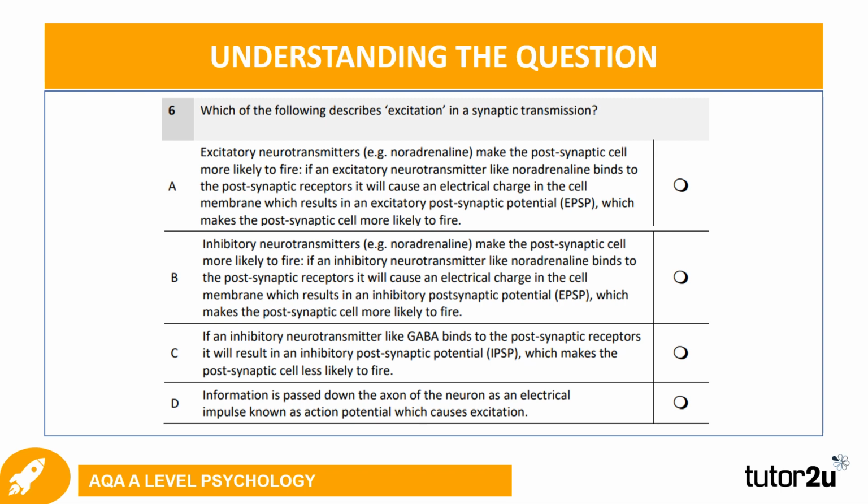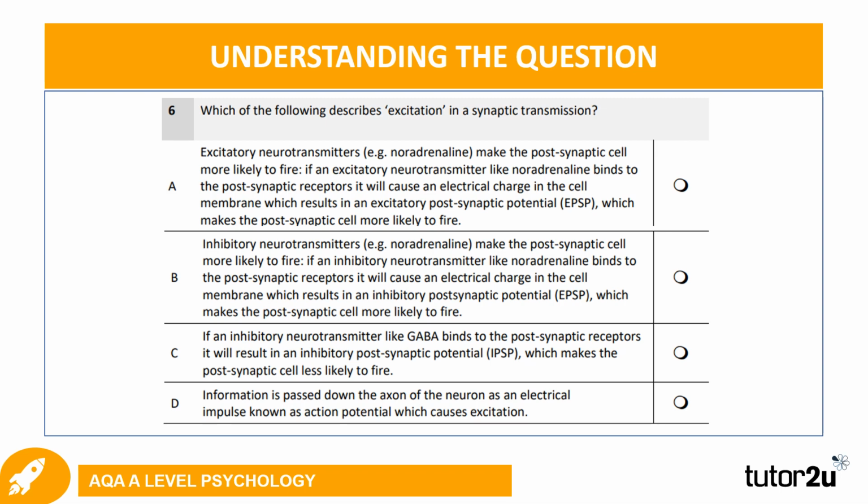So is the answer A, excitatory neurotransmitters, for example noradrenaline, make the postsynaptic cell more likely to fire? If an excitatory neurotransmitter, like noradrenaline, binds to the postsynaptic receptors, it will cause an electrical charge in the cell membrane, which results in an excitatory postsynaptic potential, which makes the postsynaptic cell more likely to fire.